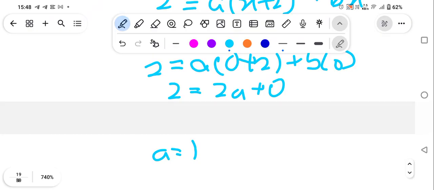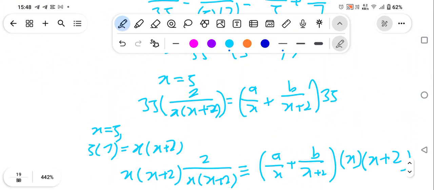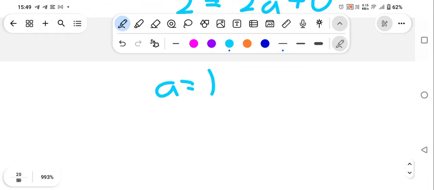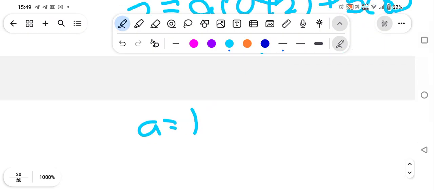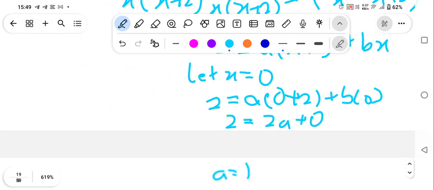And from here, we can plug our values into the previous thing we have done before.